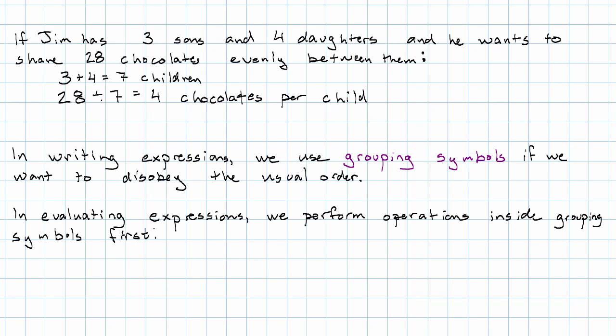One option is to just enclose whatever operation we want to do first in some sort of brackets. We prefer parentheses. So those are the round ones there on your keyboard next to the 9 and the 10. Sometimes if we have grouping symbols inside grouping symbols inside grouping symbols, we also use other kinds of brackets.